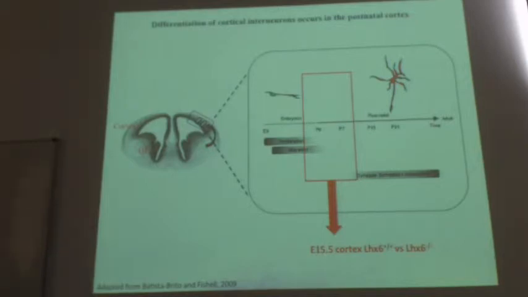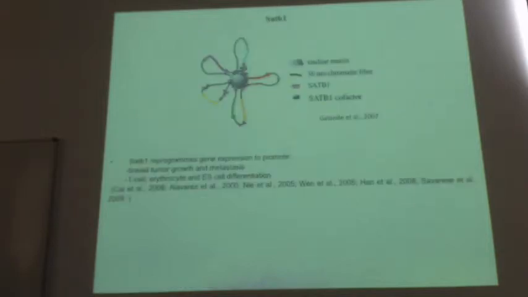And in order to identify these factors, we have performed microarray experiments in which we have compared the cortex of controls and LHX6 mutant mice. And one of the factors that we have identified to be downregulated in LHX6 mutant interneurons, that are already in the cortex, is a transcription factor SATB1. So SATB1 is a typical transcription factor, and it can bind to the promoter of certain genes and control their expression.